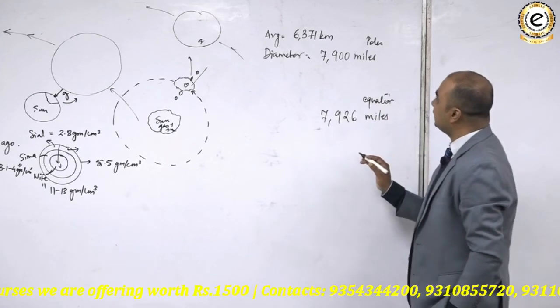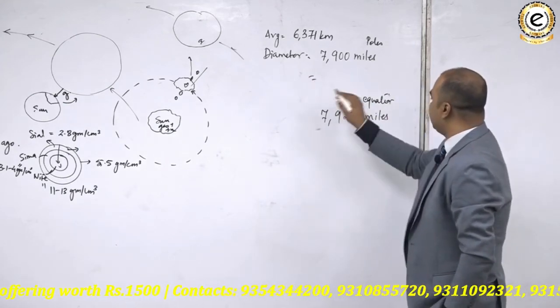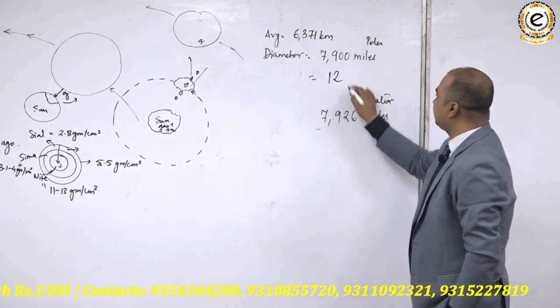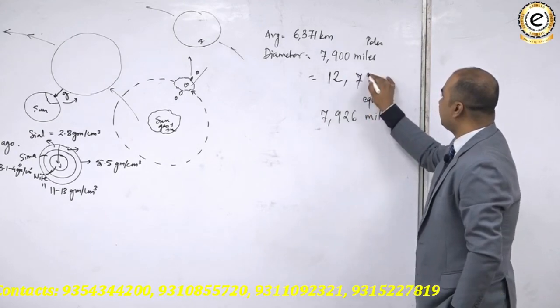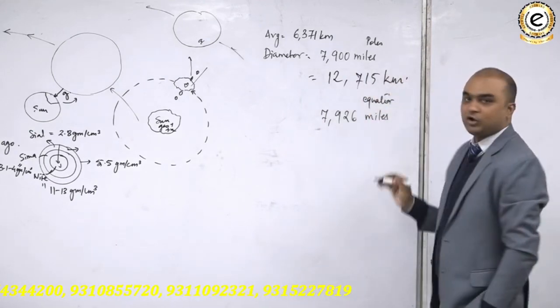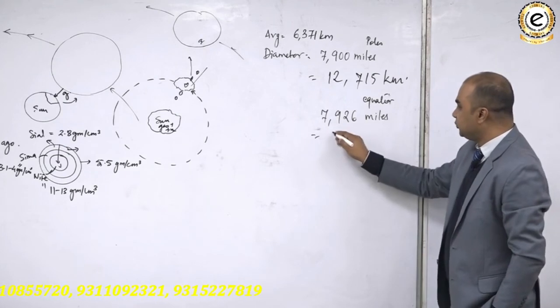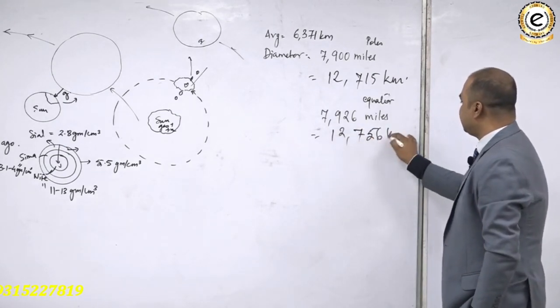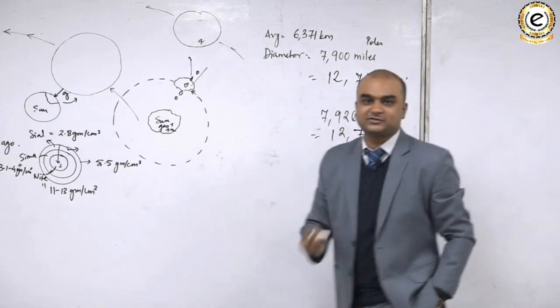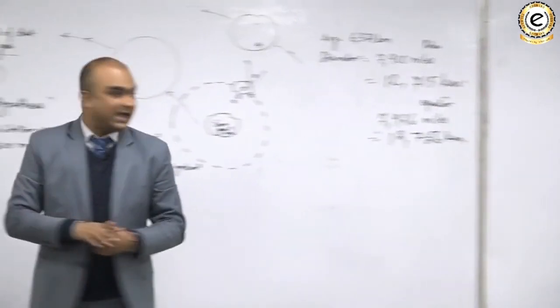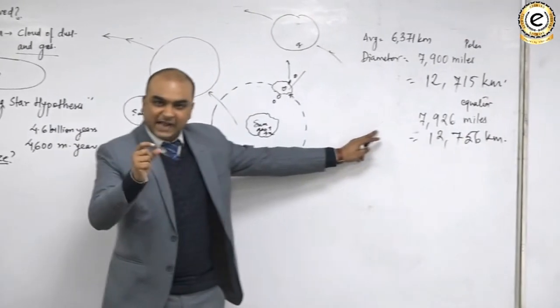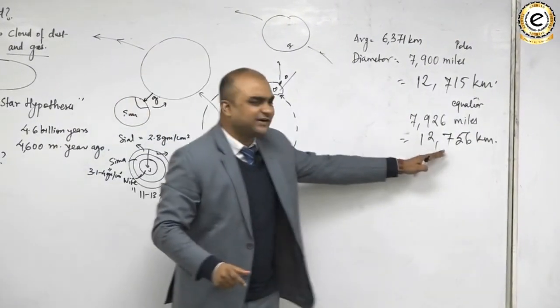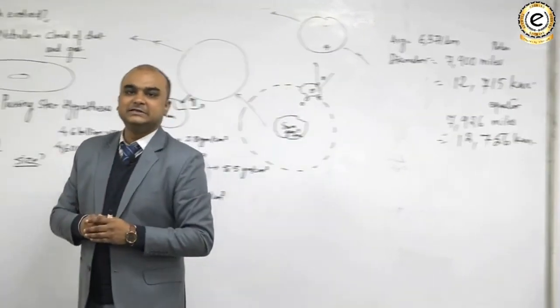If you convert it into kilometers, it would read as 12,715 kilometers approx at the poles, and this would turn into 12,756 kilometers approx at the equator. Do you understand that? So at the equator, the diameter is slightly more. You divide it by 2, and you get your radius.